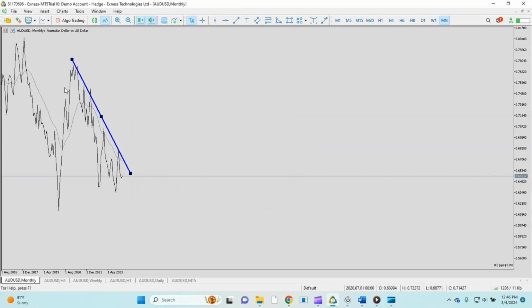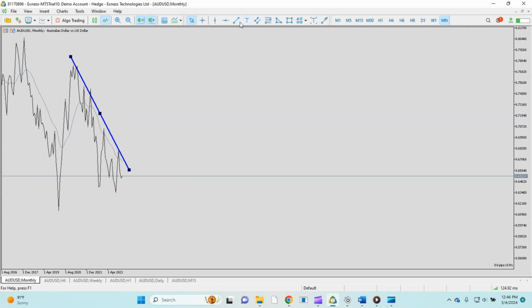So you draw the line. The trend line should be touching the edge of this line chart. I've not done a tutorial on this. I will do a tutorial on the types of charts. So this is the chart AUD USD, the monthly time frame.